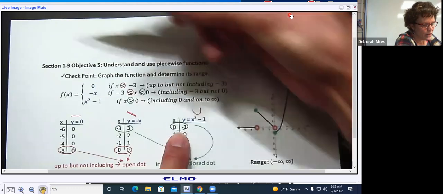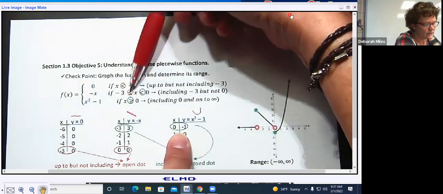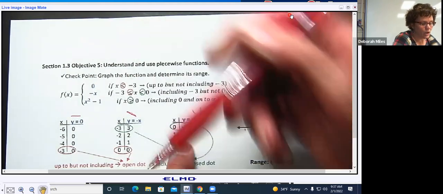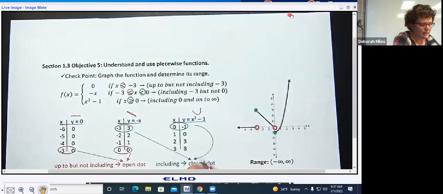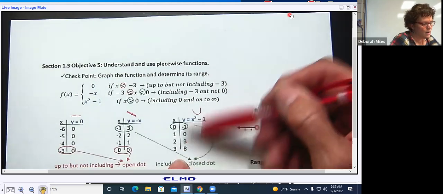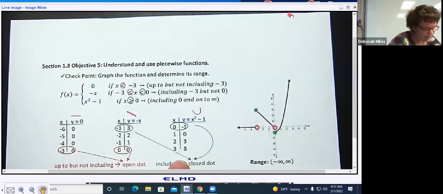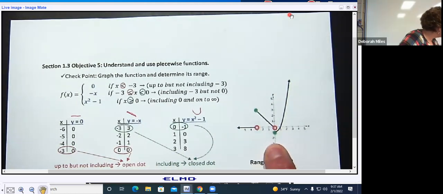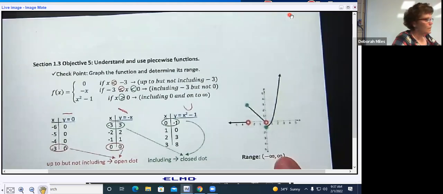0, -1 is where the parabola starts, and you are going to include that point. So you put a closed dot on that point and then pick a few more x's to figure out exactly where the piece of parabola goes. And this is just the graph of all the points that I chose with open dots and closed dots where they're supposed to be.